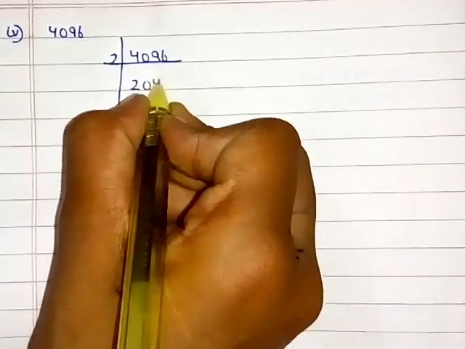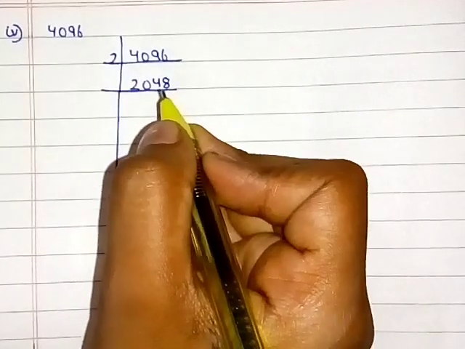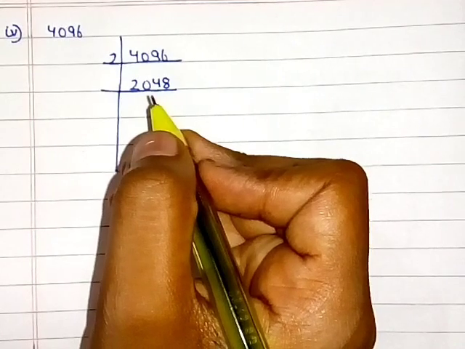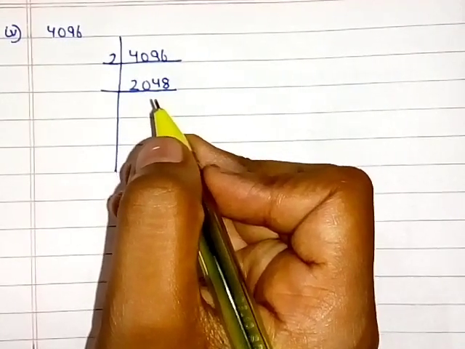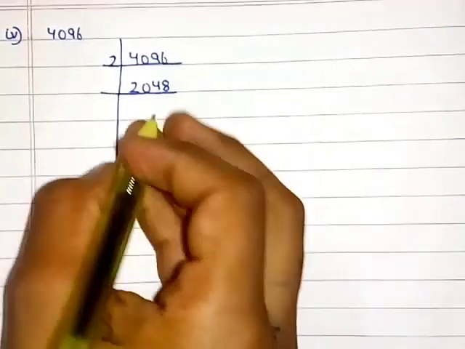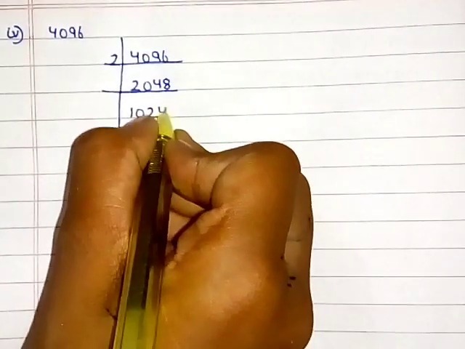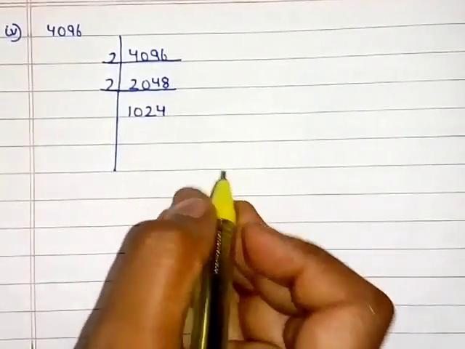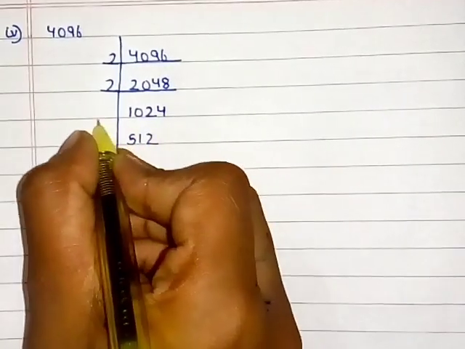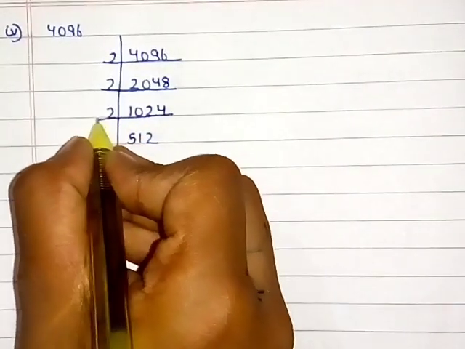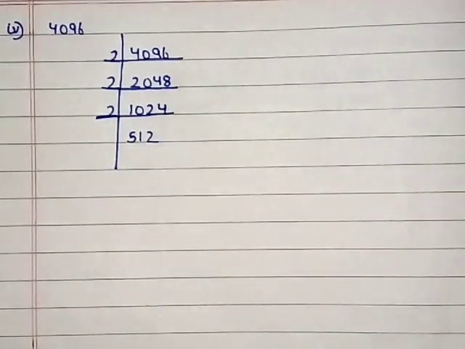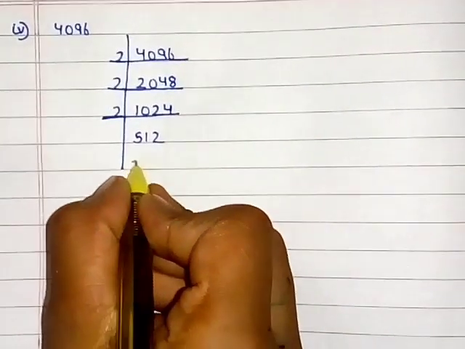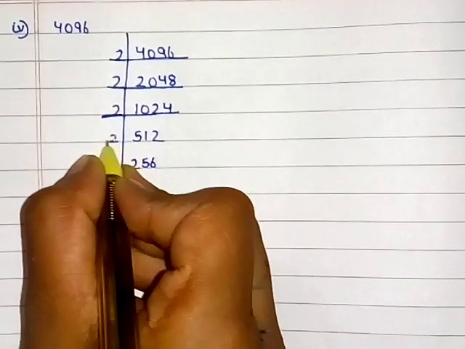We will be left with 2048. 8 is an even number, so it will also go on 2, and we will get 1024. 1024 divided by 2 is equal to 512. 512 will also go on 2. We will get 256.